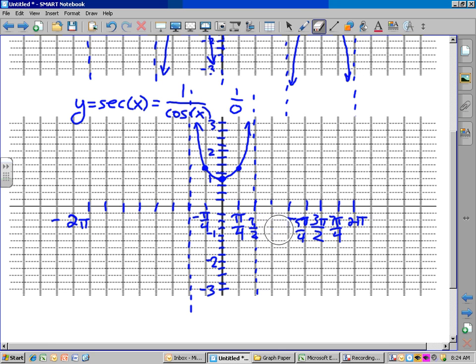I'm going to erase these right here so you can see a little better. Okay, so at negative 1.4, and then the next increment of 45 would be negative 1, and then the next increment of 45 would be negative 1.4, and then we'd have an asymptote.